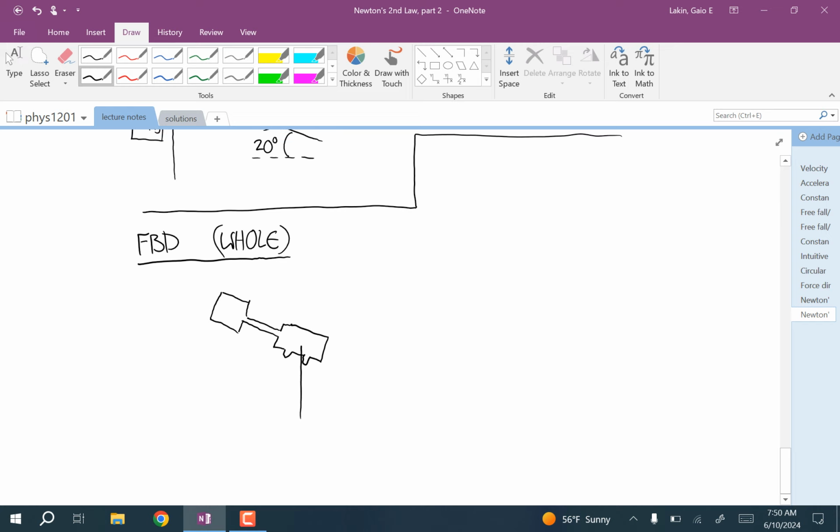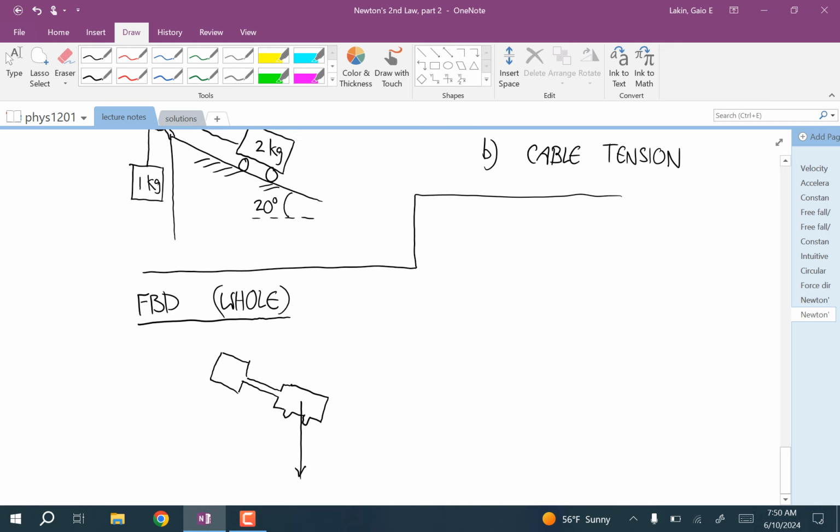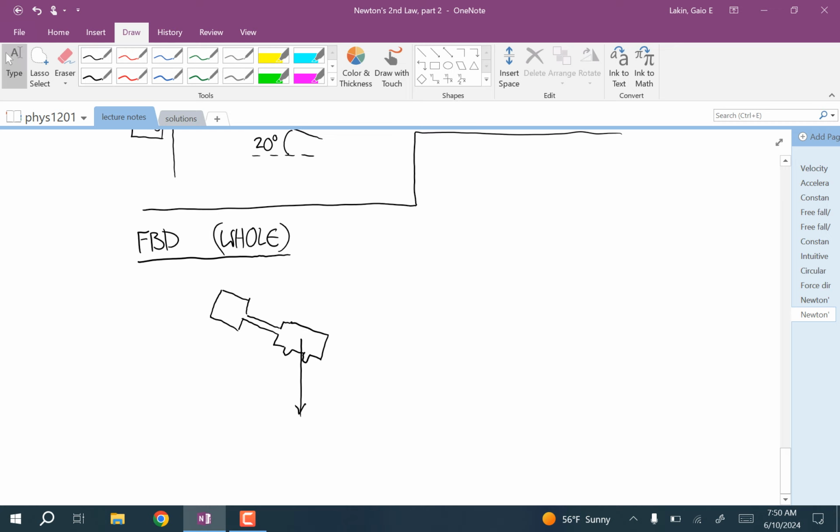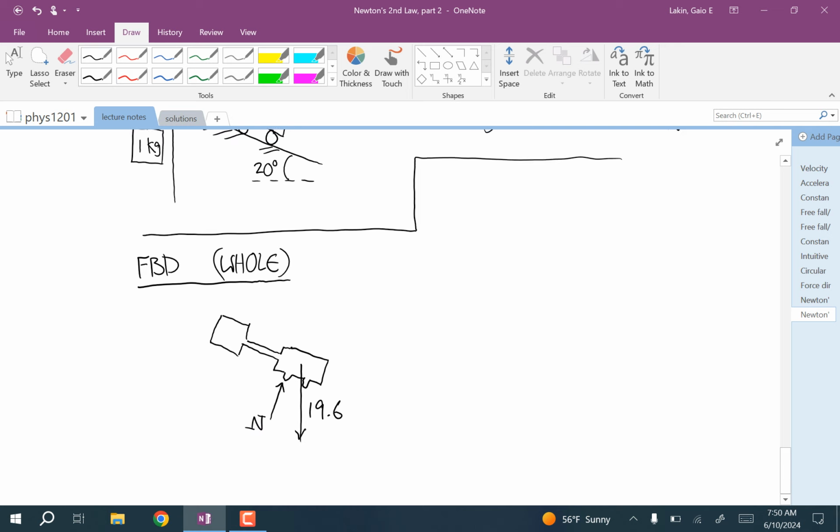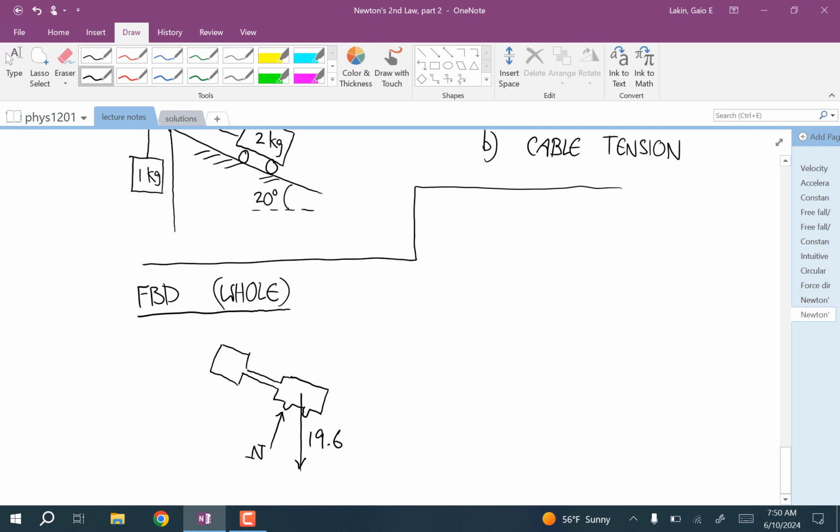we have a weight force down of 2 times 9.8, so this is 19.6 newtons. And you have a pushing force from the ground, that's N. And the weight force, since we straightened out this cable, is now in the direction of motion.